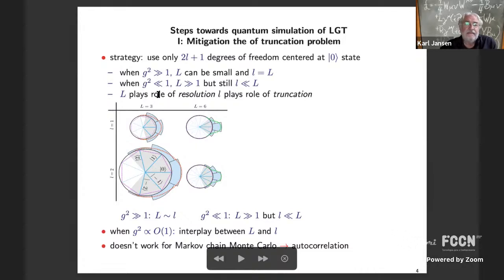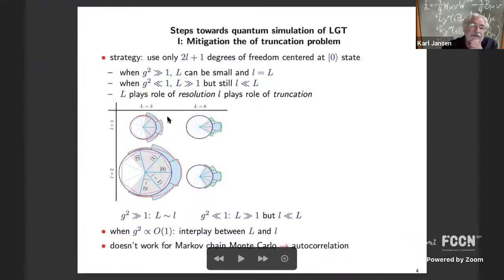When g squared is much smaller than 1, meaning we are very close to the continuum limit, then I could still use the resolution capital L to be very large, so the resolution to be very fine, but still small l to be much smaller than capital L. And as I said, capital L plays the role of the resolution and small l plays the role of truncation.